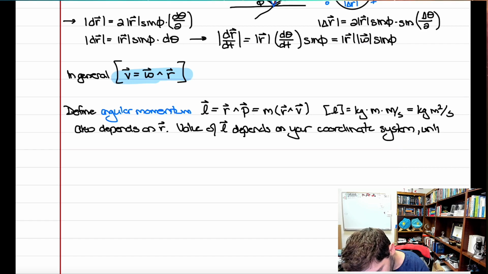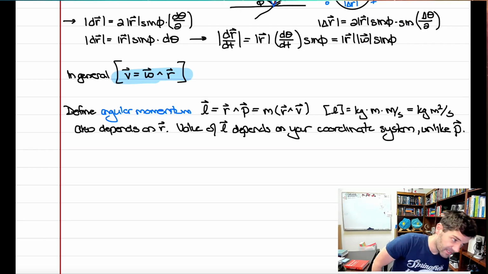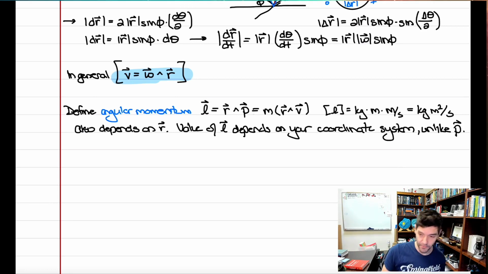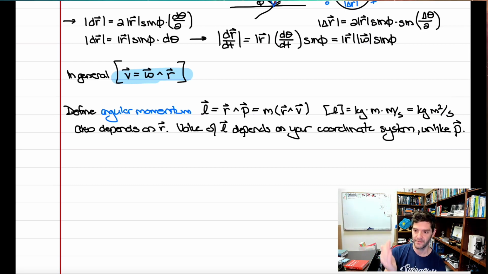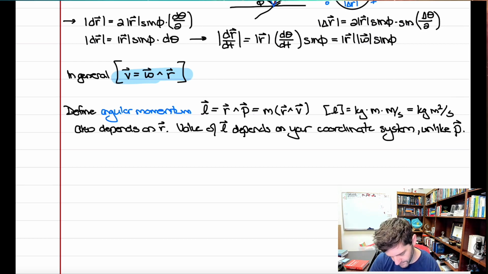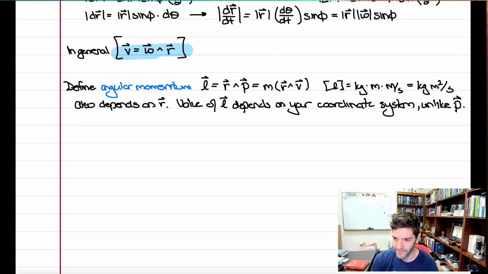This is unlike regular momentum, P. P is just mass times velocity. That is independent of any coordinate system you throw down. But since position specifically enters into angular momentum, this requires you to specify a coordinate system first, and then specify that this is the angular momentum relative to that coordinate system. So that's a little different than regular momentum.